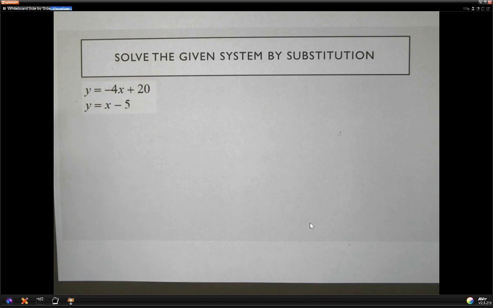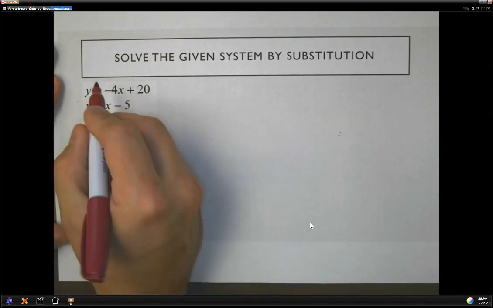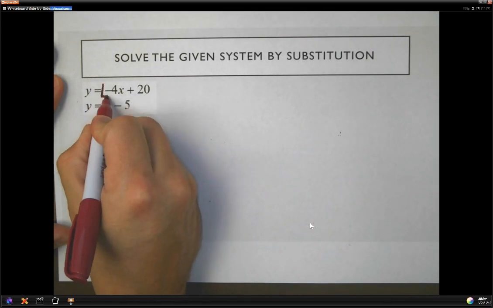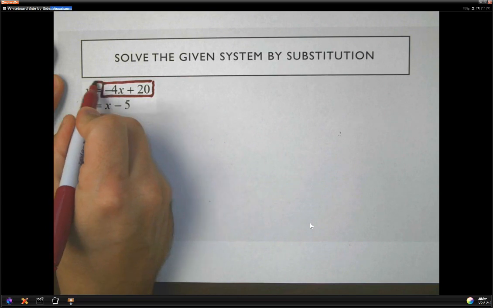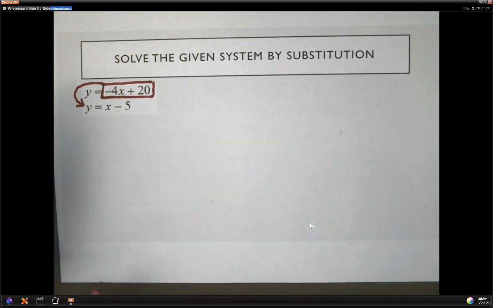Now in this case, they are both solved for y. So I am going to take what y is in the first equation, and substitute it in for y into the second equation.